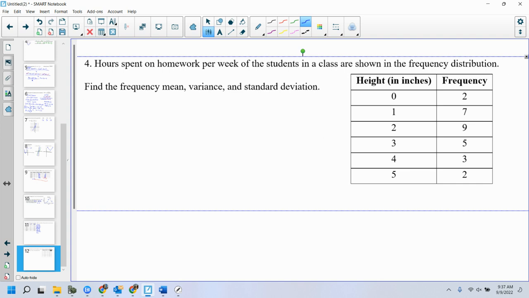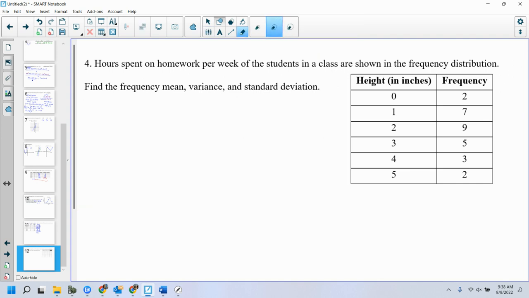Oh, look at me. See, I change up the problem, but then I forget. That's not height, that's hours. Height was probably the original problem. Hours spent working on homework per week of the students in the class are shown in the frequency distribution. Find the frequency mean, variance, and standard deviation.